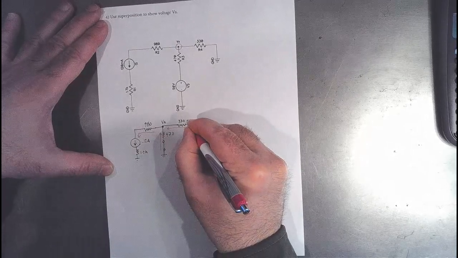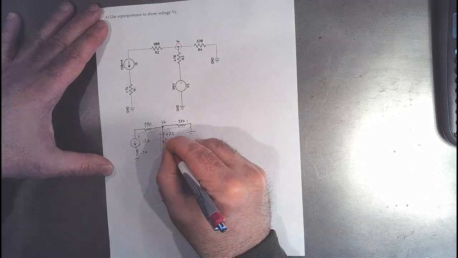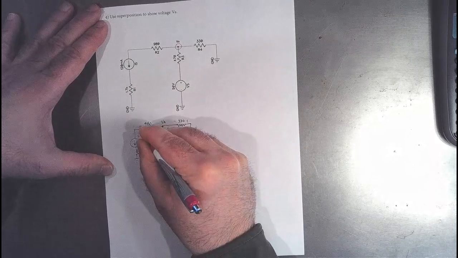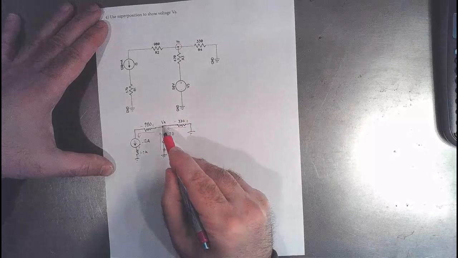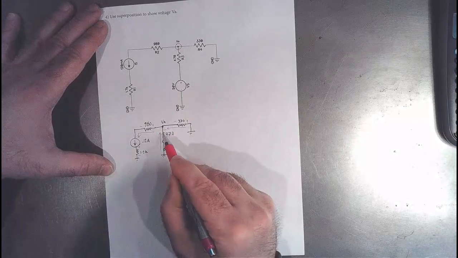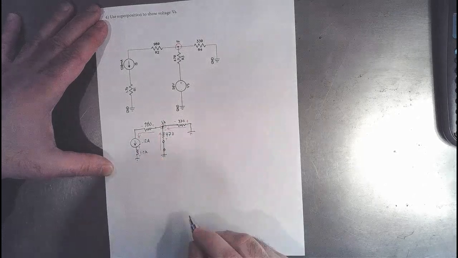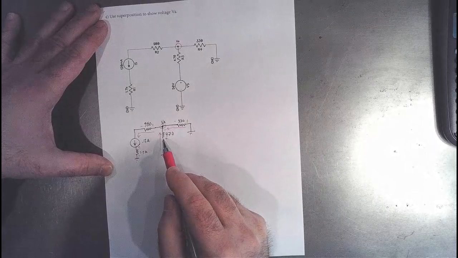And so our voltage drops are going to be from here to here, here to here, here to here, and then again here to here. But if I knew this drop right here or this drop, then I would know VA due to the current source. So I think what I'm going to do is I'm going to do current division.